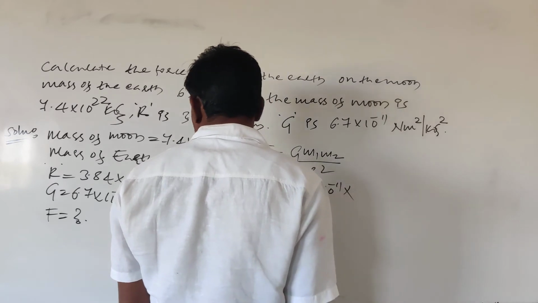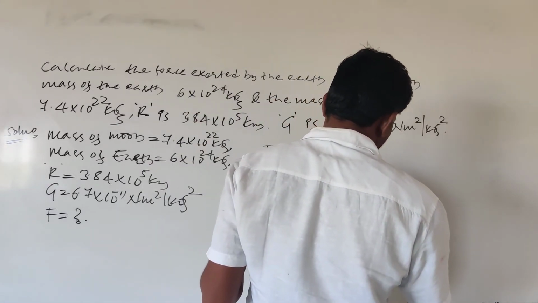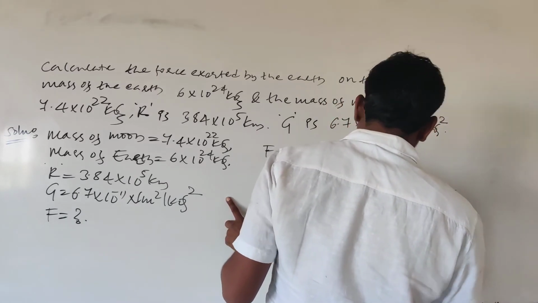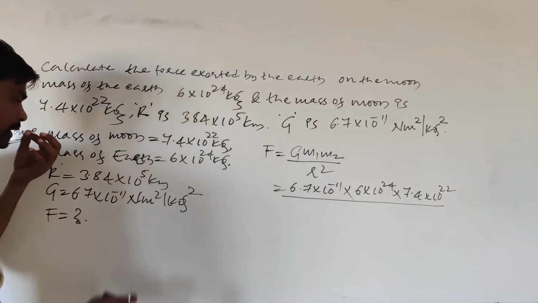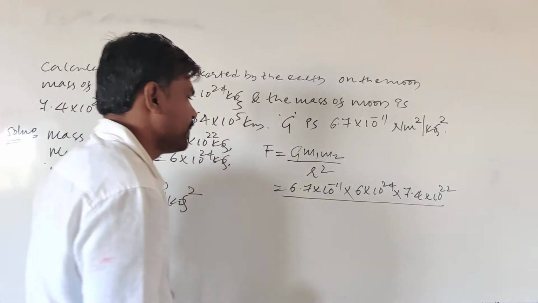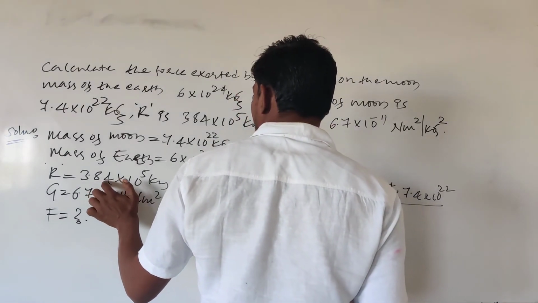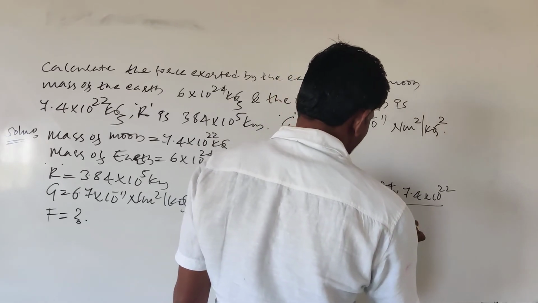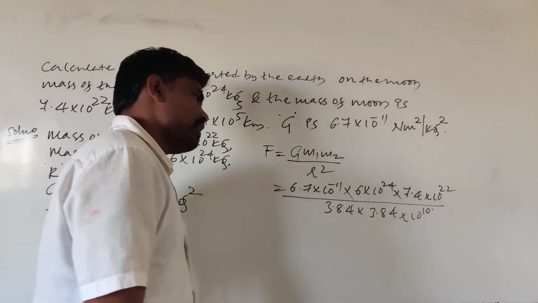So m1 is 6 into 10 raised to 24, into 7.4 into 10 raised to 22, divided by r square. 10 raised to 5, 10 raised to 5, becomes 10 raised to 10. Now I am going to write the square of this, 3.84 into 3.84, 10 raised to 10.